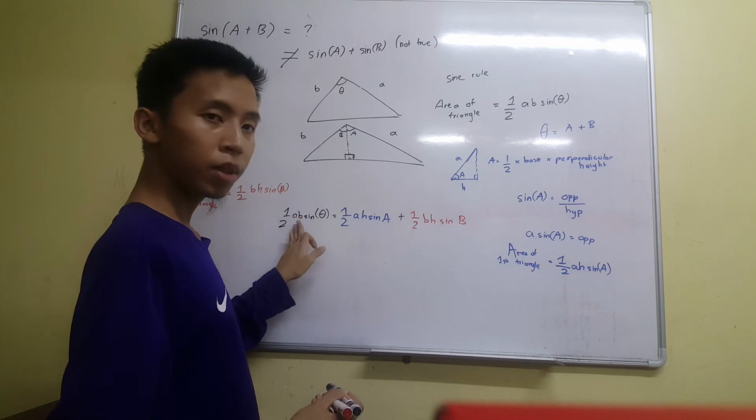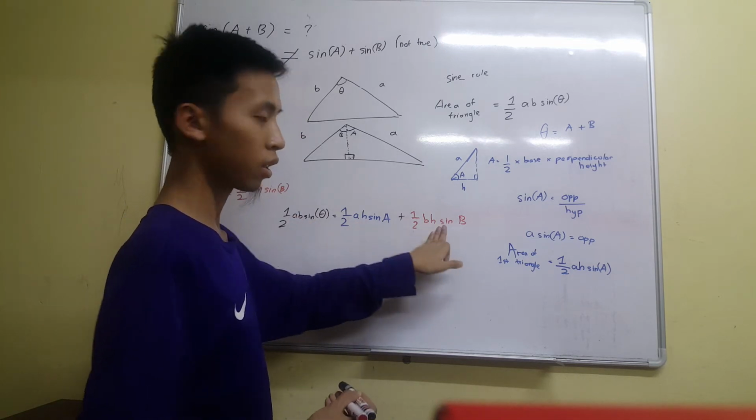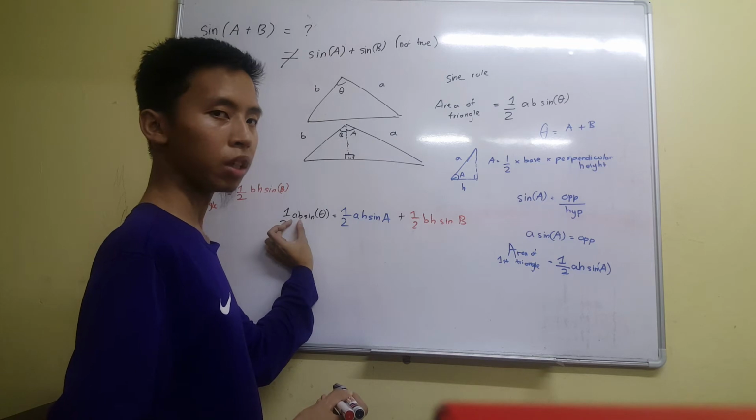But I need to get rid of the H as well. So how do I convert this and this into the form of A and B?